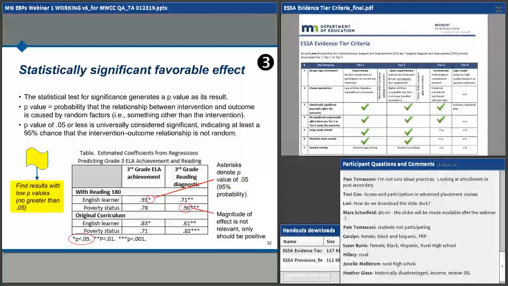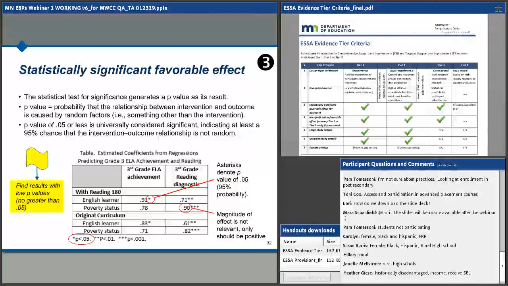Your second look-for is the asterisks. The asterisks are really the key to statistical significance. I would say 90% of the studies out there use these asterisks. And what they denote is the p-value. You don't have to have a technical understanding of p-value. What's important to note is that p-values can range anywhere between 0.1 and 0.001.